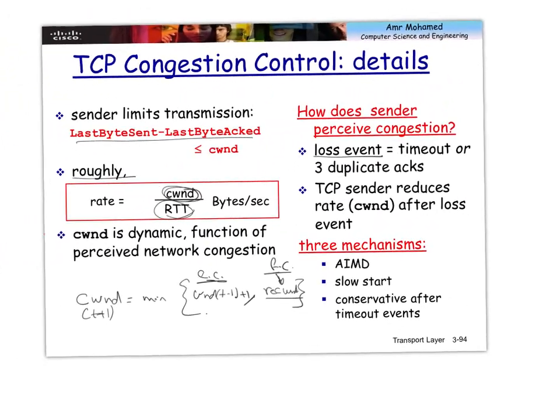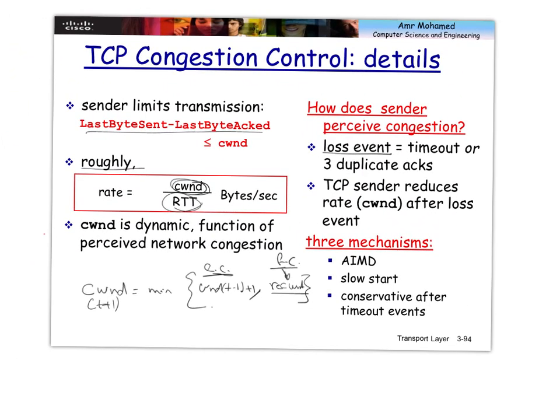Okay, so we talked about additive increase, multiplicative decrease. And we talked about slow start last time. So we said that slow start is called slow start, but it's actually a little bit misleading. Why? Because it's not really slow in the sense that we have to go slow. We start from a very low value for the congestion window, which is probably 1.